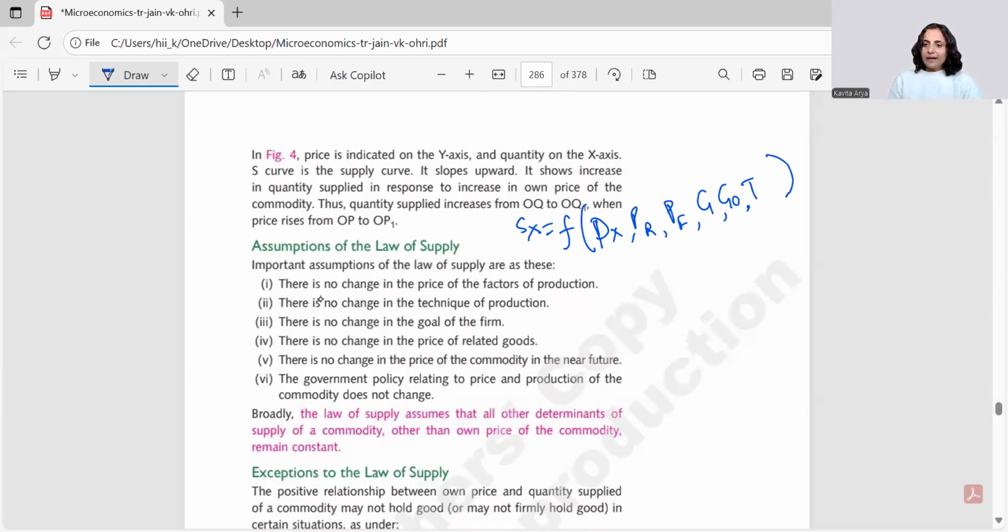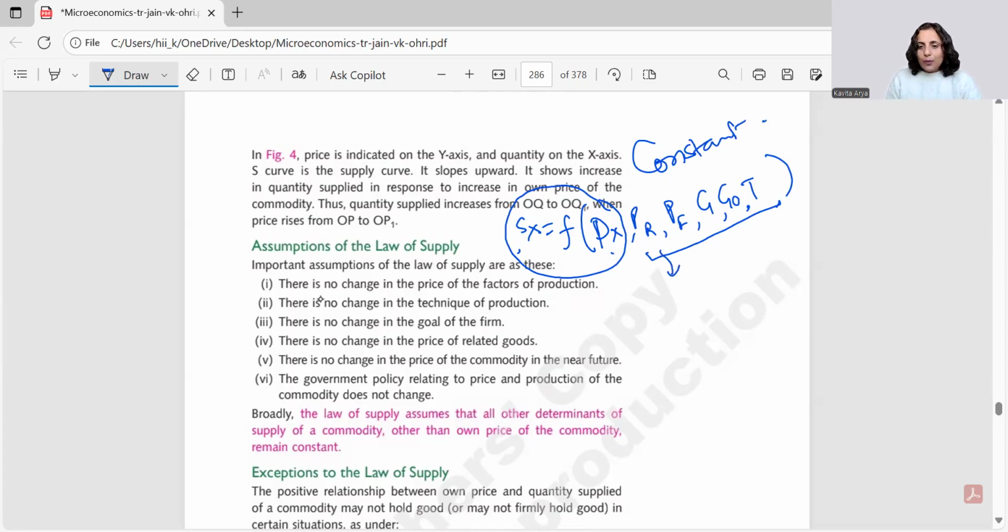So all these are the factors. So when we are talking about the relationship between the price and the supply, what are the assumptions going to be? Assumptions are all these factors are constant. So mind this, and this becomes your assumption.